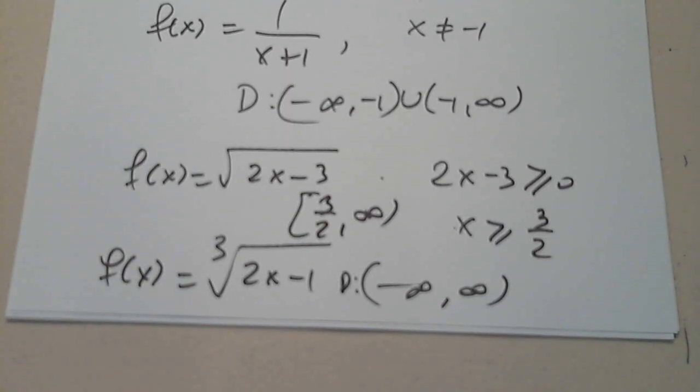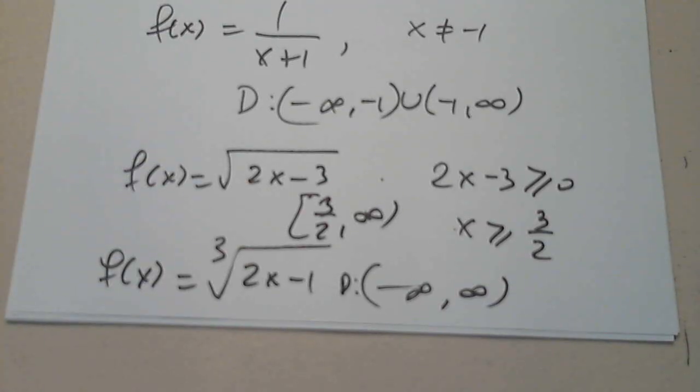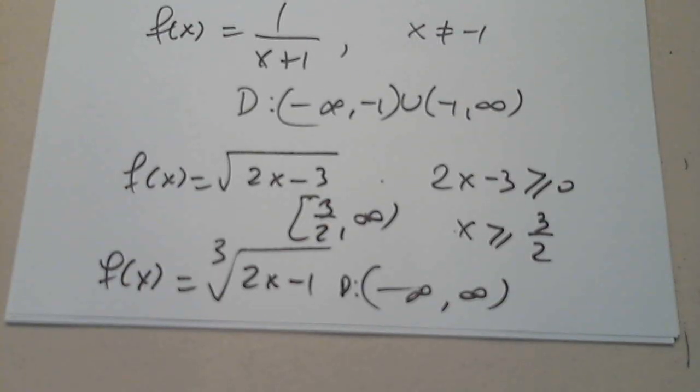So the cube root cannot be power 3, ever. The cube root is power 1/3. Thank you. So 2x minus 1 to power 1/3. Do not say power 3, please.